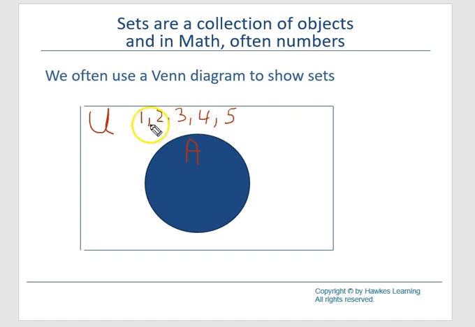So these would be the elements of the set, or the universe. Now, we're saying in set A, we have the elements 1, 2, 3. So of the universe, set A only contains some of the elements.